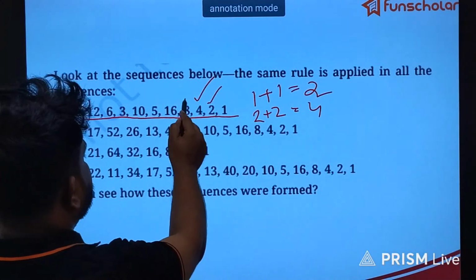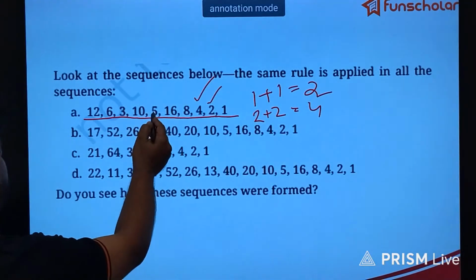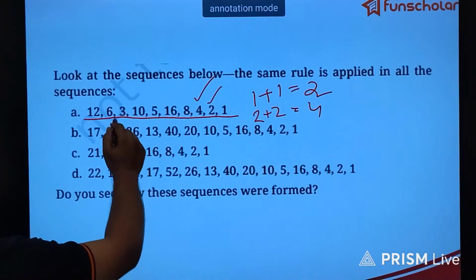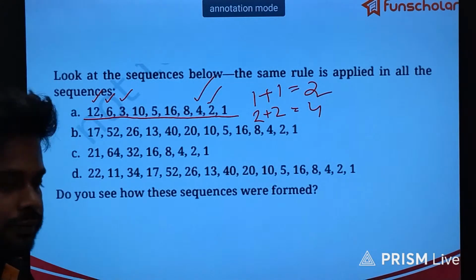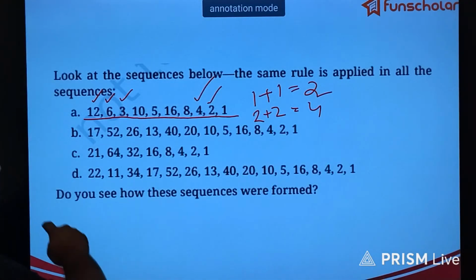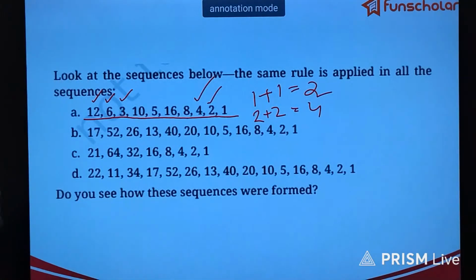Then it will be 8, 16. Now comes 5, it will be 5, 10. Then comes 3, we will get 3, 6 and 12.